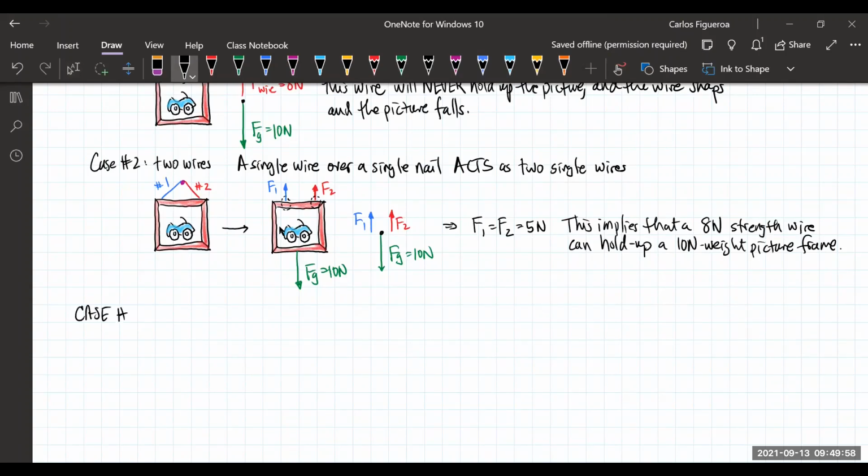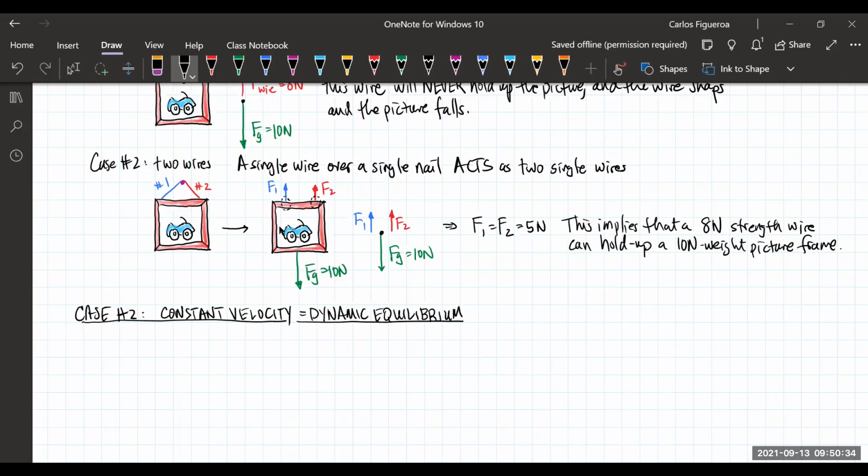Case number 2, and this is constant velocity. And so when I talk about constant velocity, this is what we call dynamic equilibrium. So let's go look at this thing here. So what do we know?